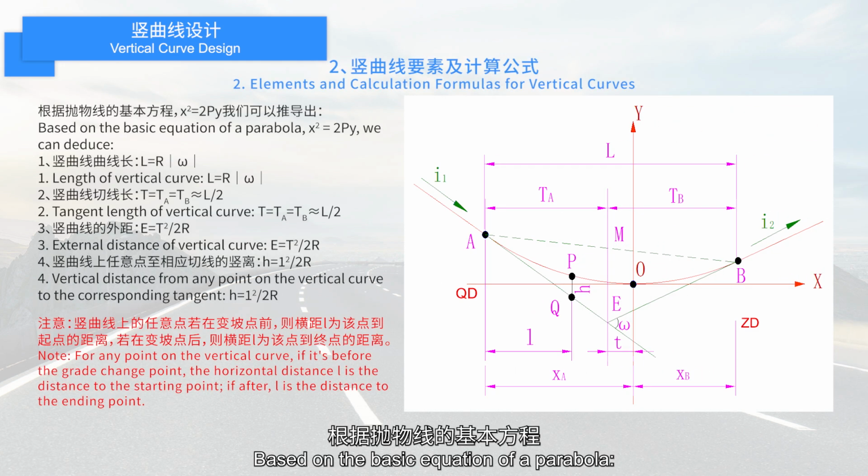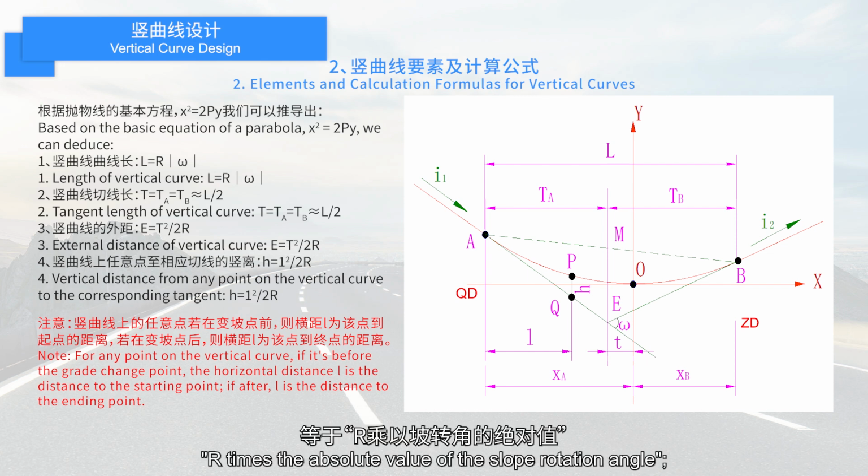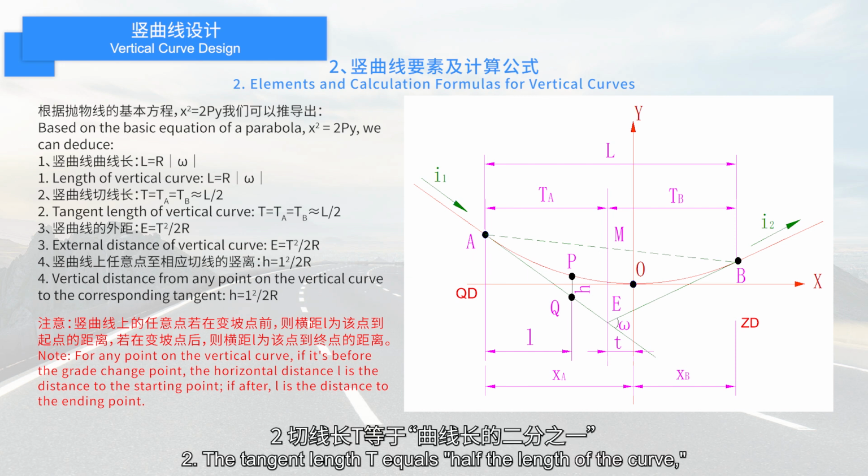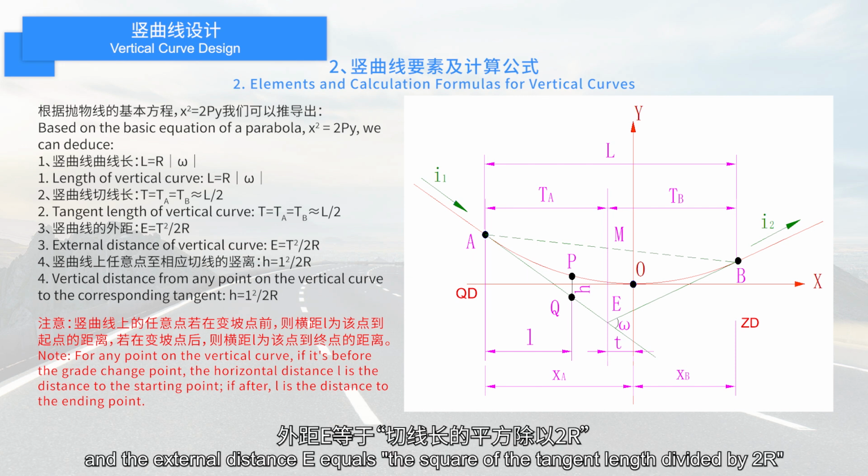Based on the basic equation of a parabola, x squared equals 2p times y, we can deduce: 1. The length of the vertical curve L equals R times the absolute value of the slope rotation angle. 2. The tangent length T equals half the length of the curve, and the external distance E equals the square of the tangent length divided by 2R.